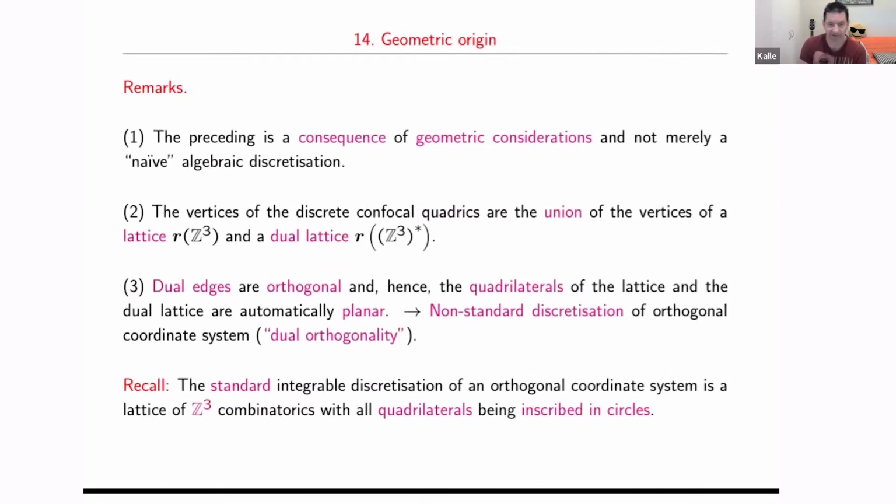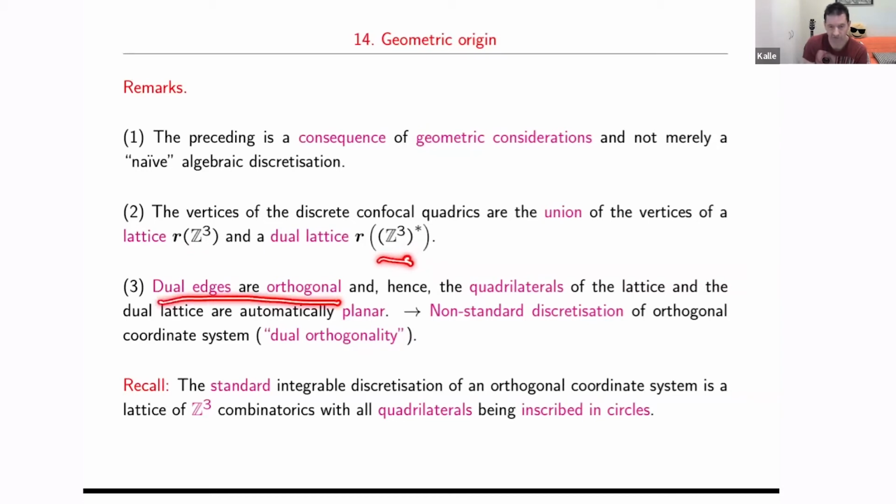Well, as I said, we have the union of two lattices, a Z3 lattice and another Z3, but that's the dual lattice. And it turns out that if you look at an edge of the Z3 lattice and the corresponding edge of the dual lattice, they are orthogonal.